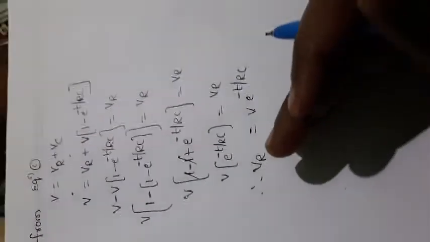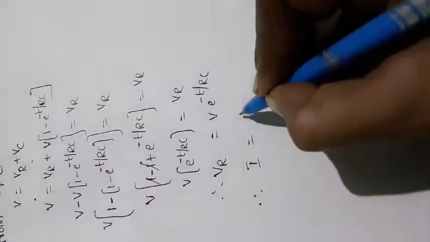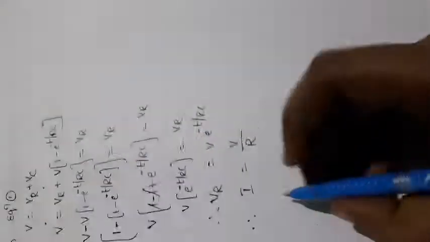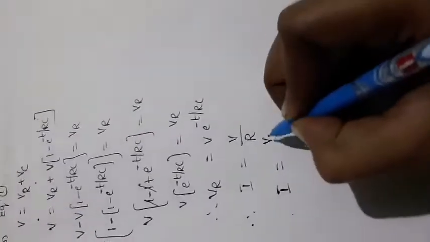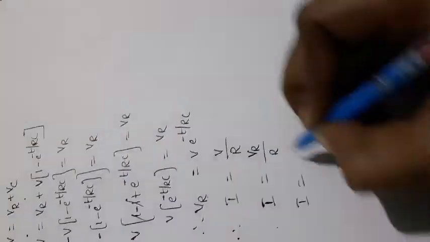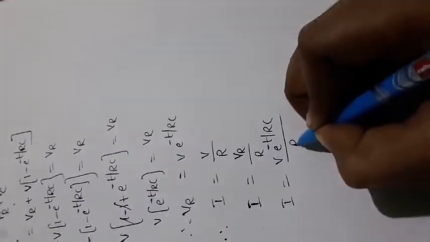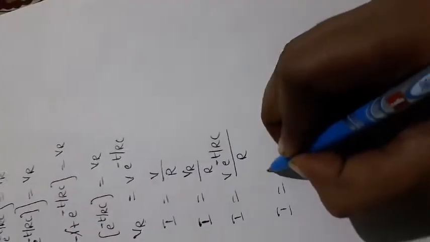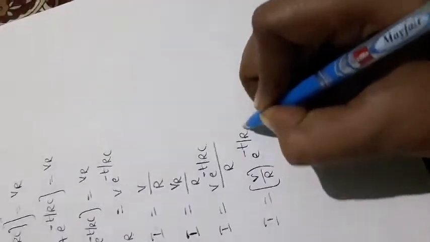So now finally we have to substitute this VR value into the I equation. What is the current value actually? As per Ohm's law, I is equal to V by R. But here, with respect to the resistor, it is VR by R. So I is equal to the VR value we already know, e power minus t by RC, by R. So I is equal to V by R, which I can separate, into e power minus t by RC.